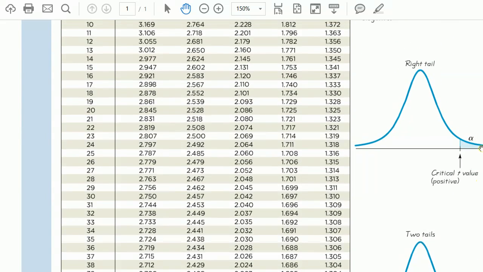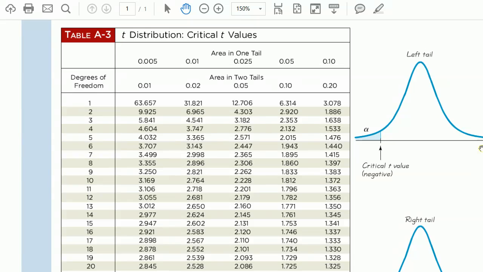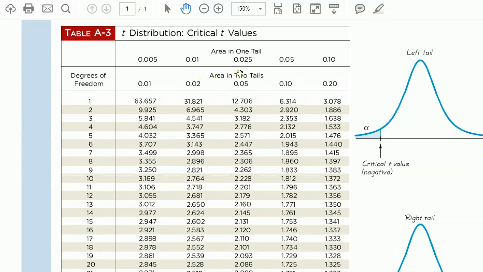I recommend looking at the area in two tails. For a 95% confidence interval, the total area in the two tails is 0.05, so you just do 1 minus 0.95 and know that's what you need to look at.